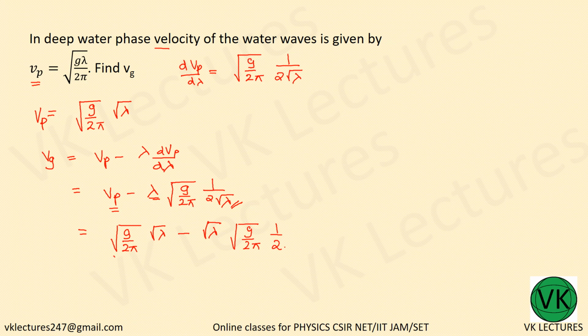So you can take all these terms common, so root of g lambda divided by 2 pi into 1 minus only 1/2 remains, so half, into root of g lambda by 2 pi.